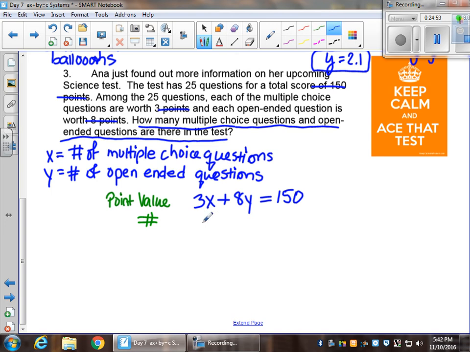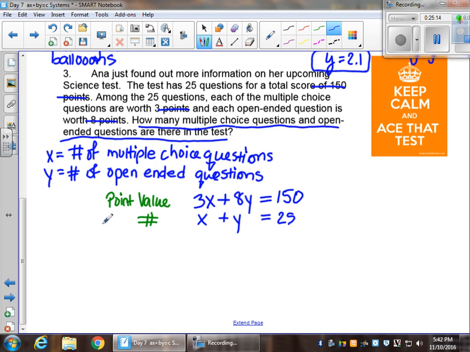The number of multiple choice plus the number of open-ended equals a total number of 25 questions. So number plus number equals total number. Direct connection to the fact that the variables each represent a certain number of questions.